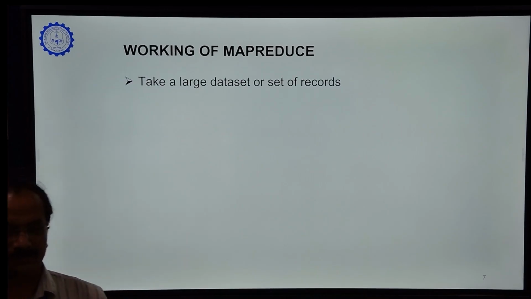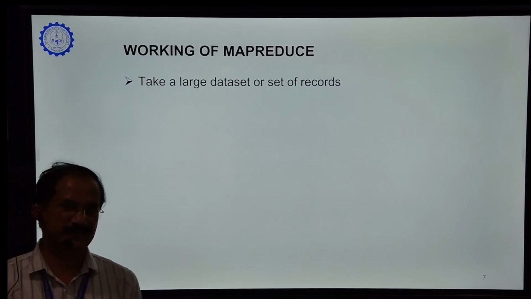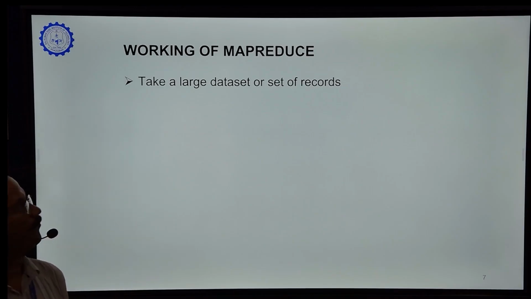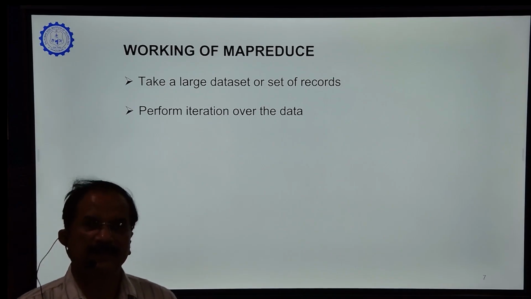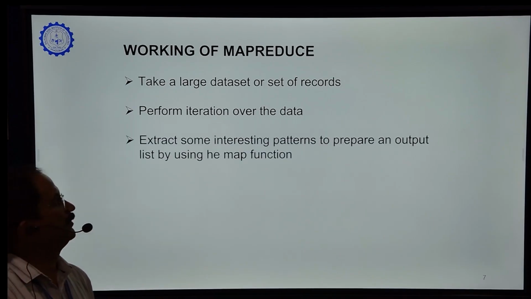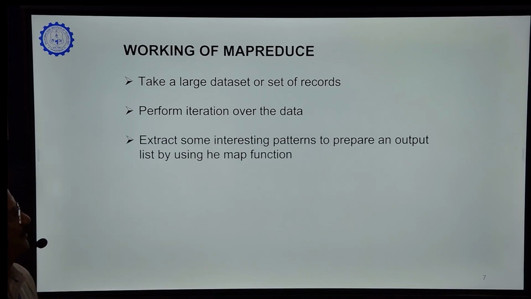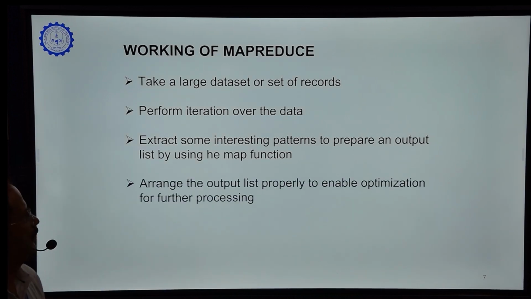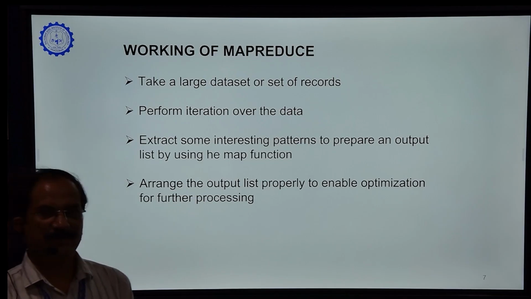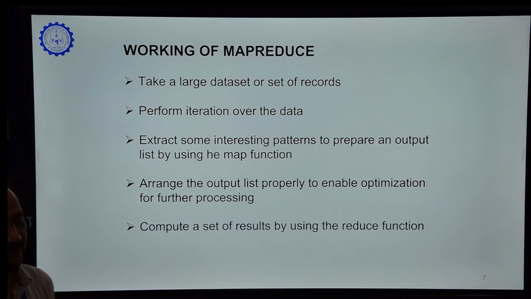Take a large set of data, then perform iteration over the data, extract some interesting patterns to prepare the output list by using the map function, arrange them as an output list properly to enable optimization for further processing, and compute a set of results by using the reduce function.